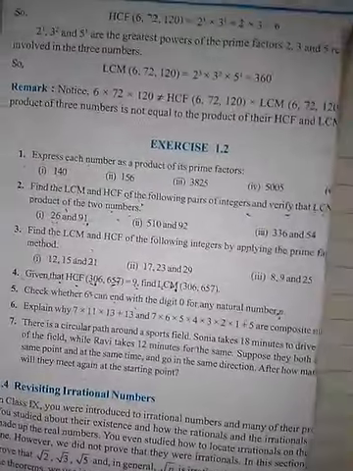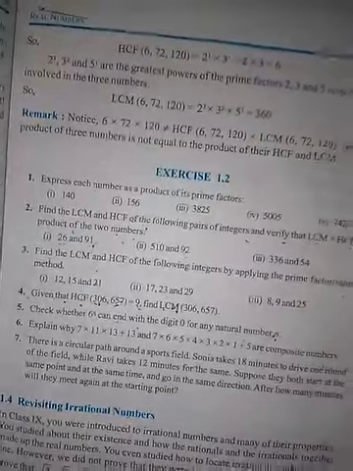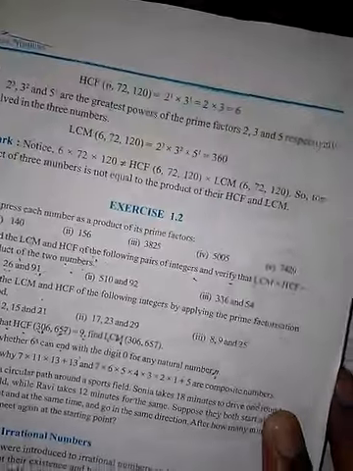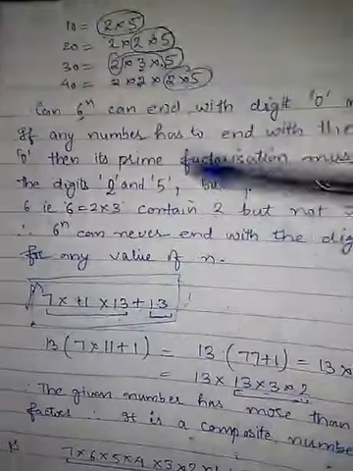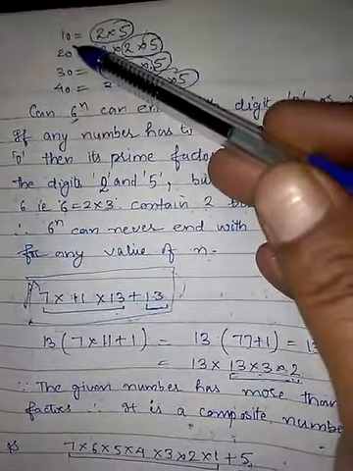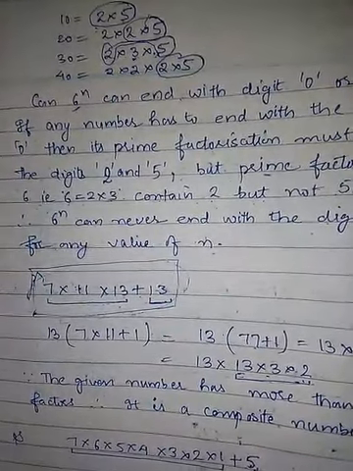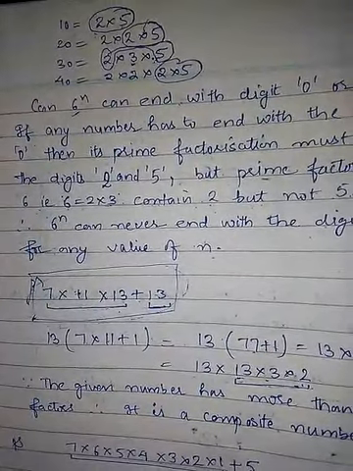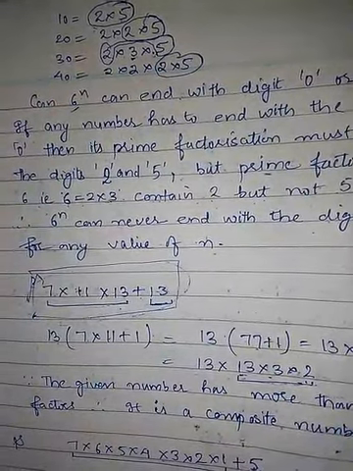Then what is the theory behind it? Let us talk about it. You know it already: what is the first number which is ending with 0? That is 10. I have written here that the first number ending with 0 is 10, and its factors are 2 into 5. Then the next one is 20, its factors are 2 into 2 into 5. Next 30, 2 into 3 into 5.